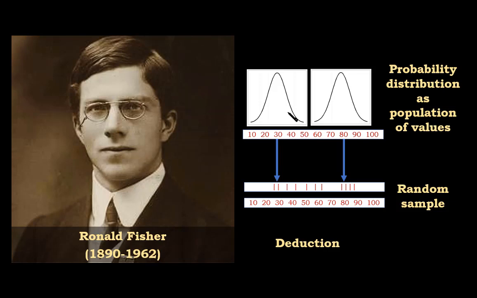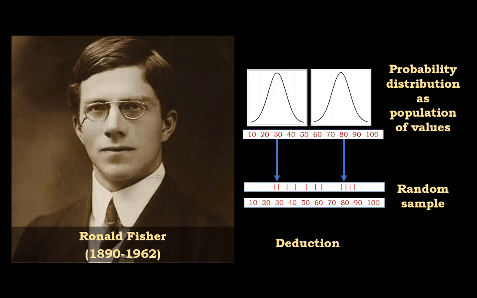So, in the distribution on the left-hand side, values that are close to 30 are more likely than values that are far away from 30. And in this distribution, values that are close to 80 are more likely to occur than values that are away from 80.